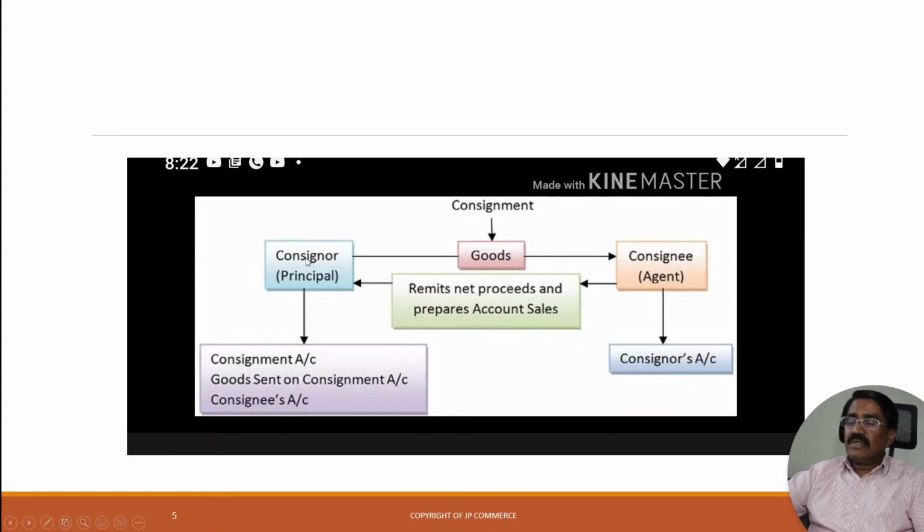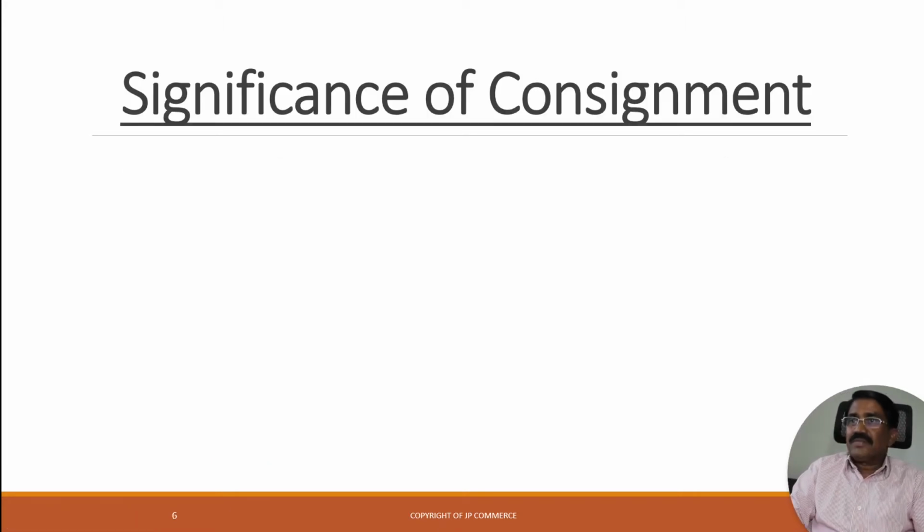Now, in the books of the consignor, there are three books of accounts: consignment account, goods sent on consignment, and consignee account. The consignee is concerned only with the consignor, so the consignee prepares only one account. That account is known as the consignor's account.